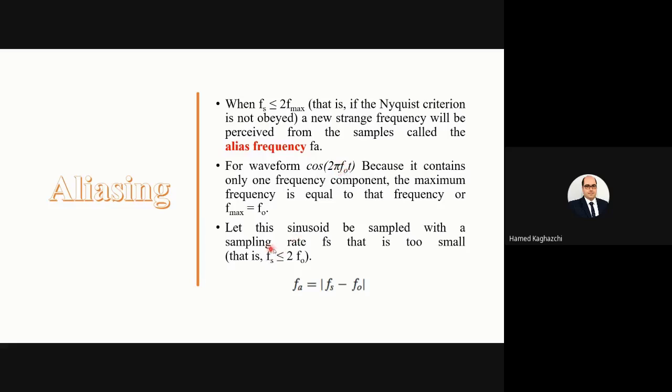Now, if I select Fs less than 2f0, I will have fa, which is the alias frequency, and the value of this fa is the absolute value of Fs minus f0.